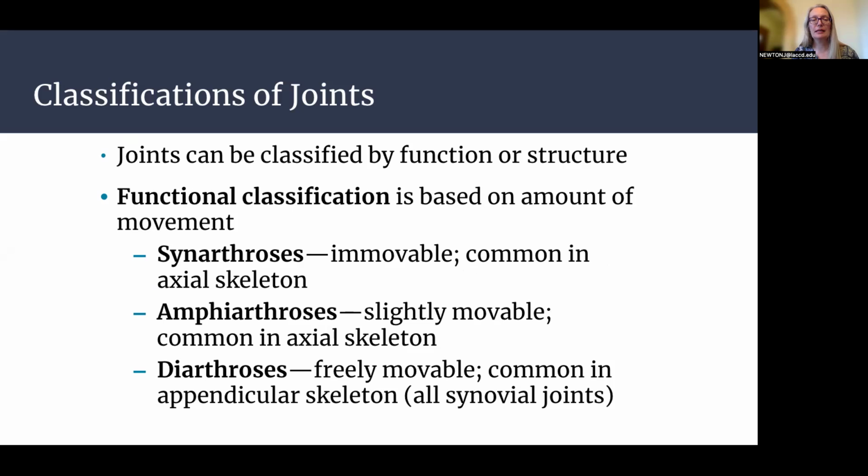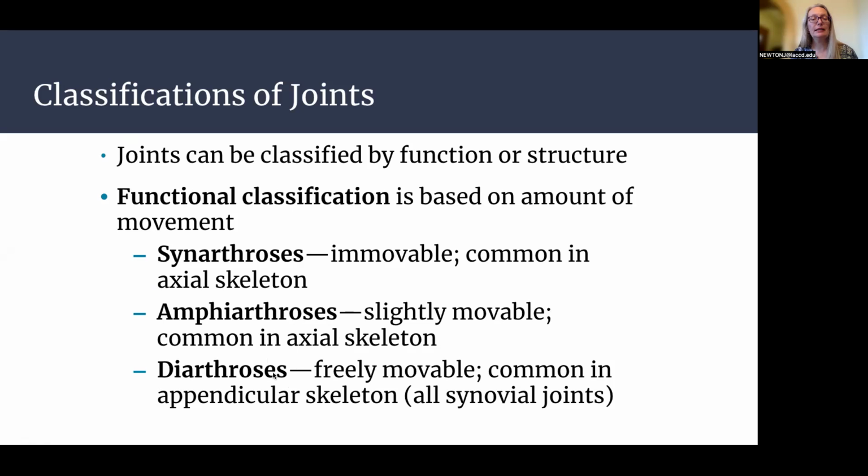Now, there's an in-between in this functional classification. These are the amphiarthroses. These are joints that are slightly movable. They're also common in the axial skeleton, so the part of our skeleton that makes up our middle axis. The third and final class in the functional classification are the diarthroses.